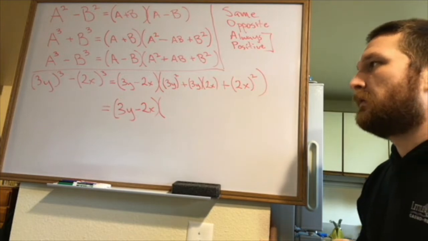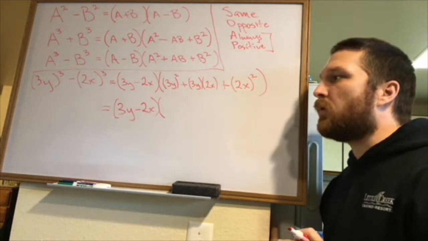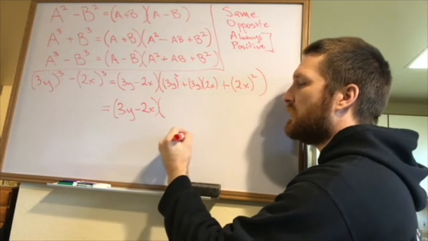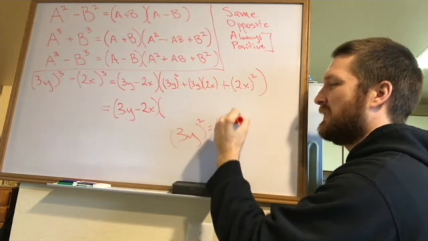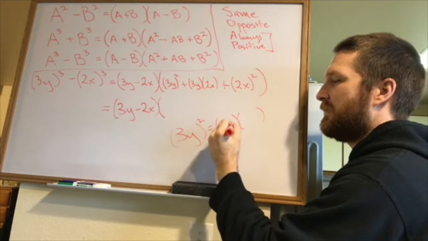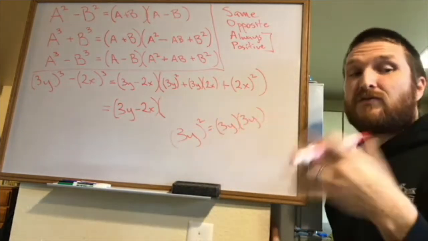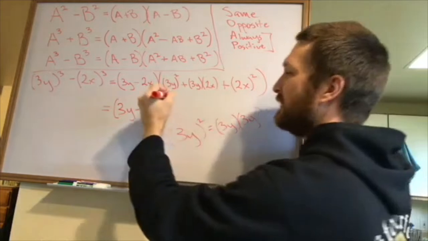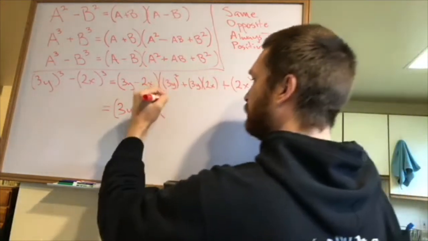Would you just take away the parentheses? Yeah, but then what would I have? So remember, you'd have 9y squared. There you go. So there's 9y squared.